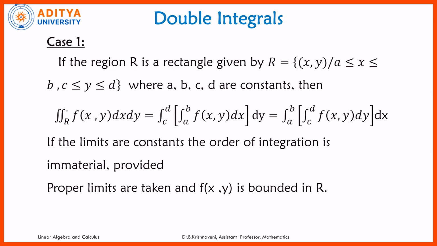Case 1. If the region R is a rectangle given by R equals the set of (x, y), a less than or equal to x less than or equal to b, c less than or equal to y less than or equal to d, where a, b, c, d are constants, then the double integral over R of f(x, y) dx dy is equal to integral a to b, integral c to d of f(x, y) dy dx, that is equal to integral c to d of f(x, y) dy, and thereafter integral a to b dx.